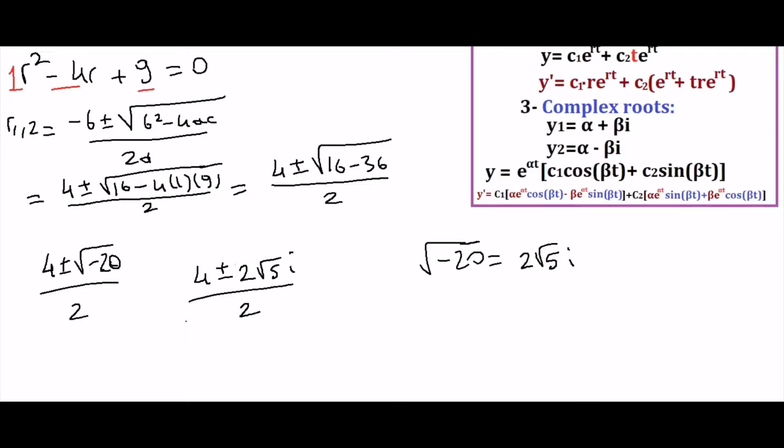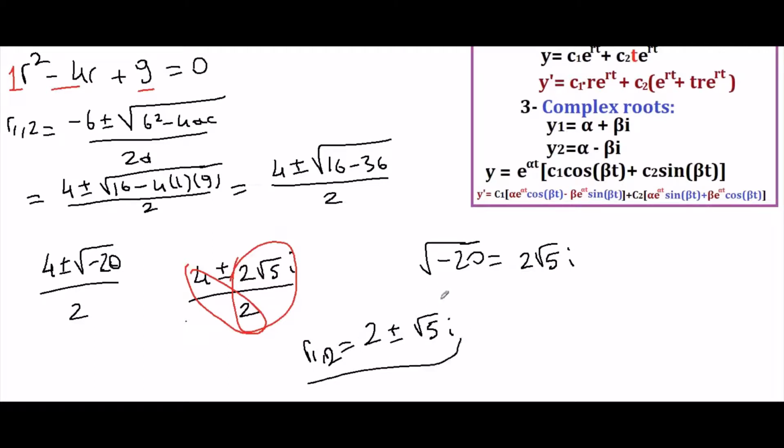If we divide each term by 2, we can simplify this, so it's going to be 2 plus or minus root 5 i. These are r1 and r2, the solution to this quadratic equation. In this equation, 2 is our alpha value and root 5 is our beta value.